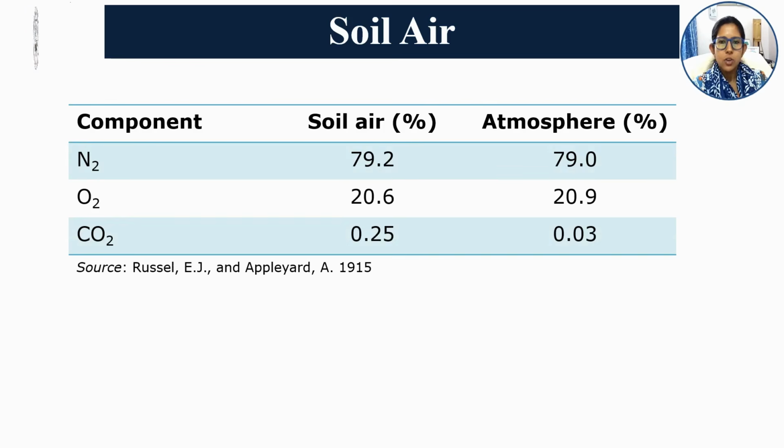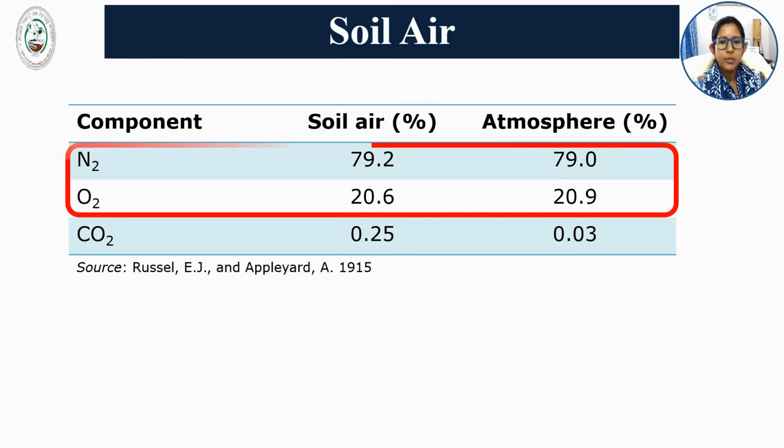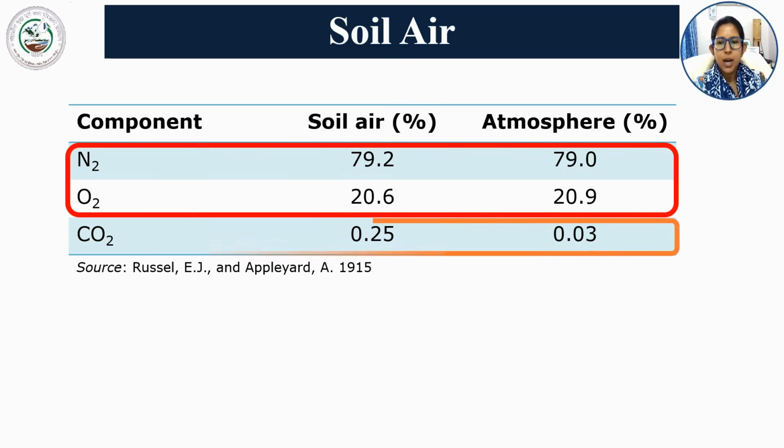The next important soil property is soil air, or soil aeration. If we compare the atmosphere and the soil composition, with respect to nitrogen and oxygen it is almost the same, but with respect to carbon dioxide, the soil air is more enriched compared to the atmosphere.